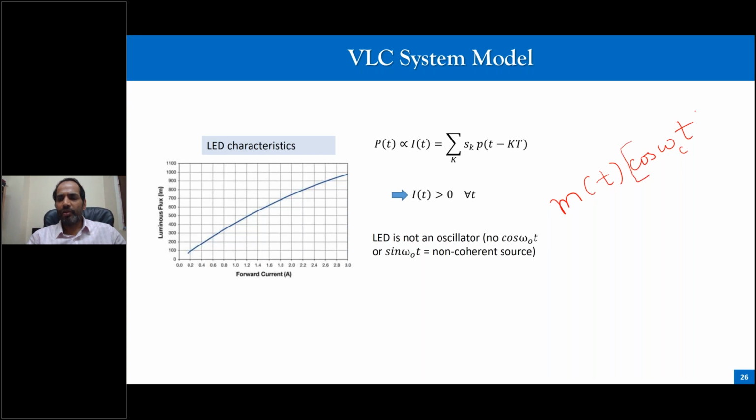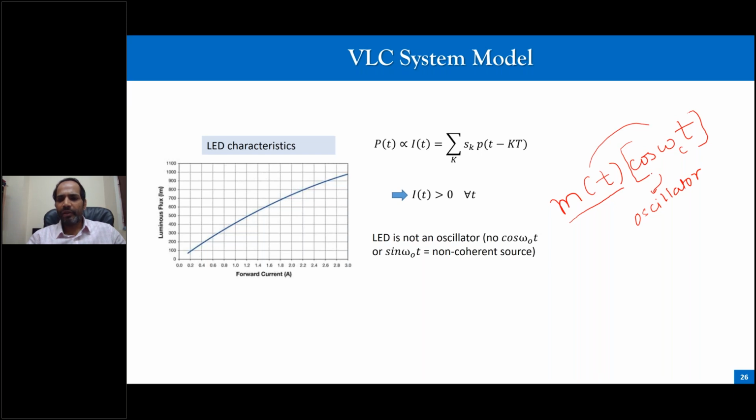For this, you need a source which produces cos omega_c t, and this source is known as an oscillator. So for amplitude modulation and other forms of modulation, typically in RF we need oscillators. You multiply the message signal with this cos omega_c t.